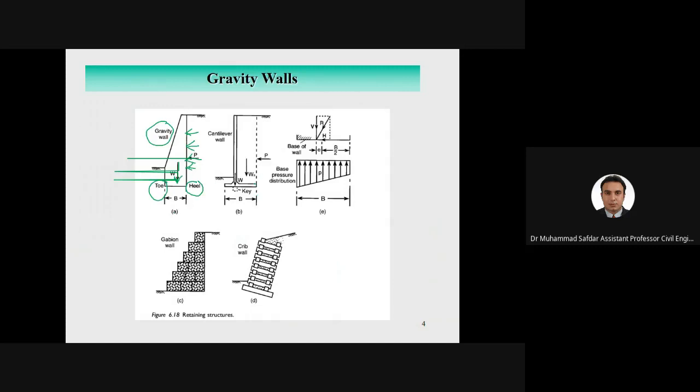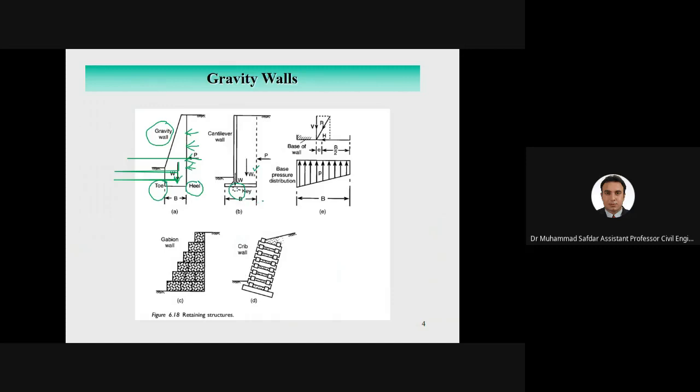Now, if we see the cross section of the cantilever wall, we can clearly see that the weight of the backfill soil will also add into the stability of this retaining wall. A shear key is also provided to increase the sliding resistance of this retaining wall.